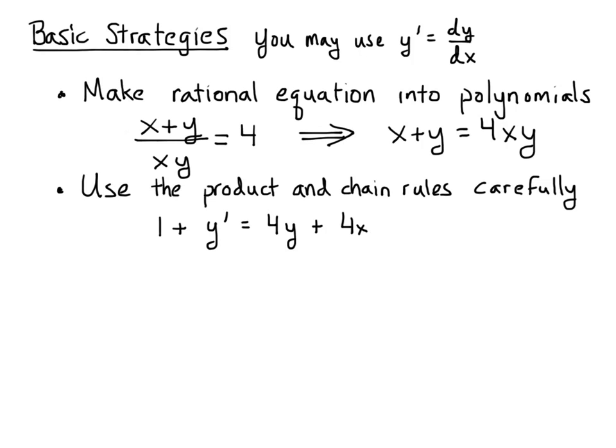If I'm going to take the derivative of this now, the derivative of x is 1, the derivative of y is y prime, and the derivative of 4xy is 4y plus 4xy prime. This is the application of the product rule.